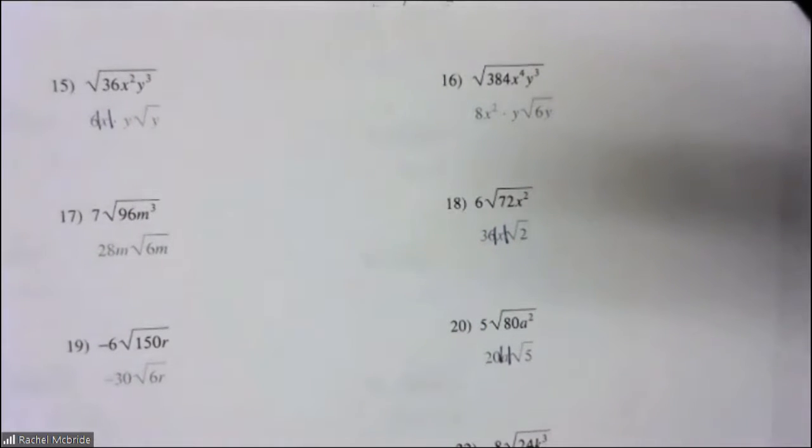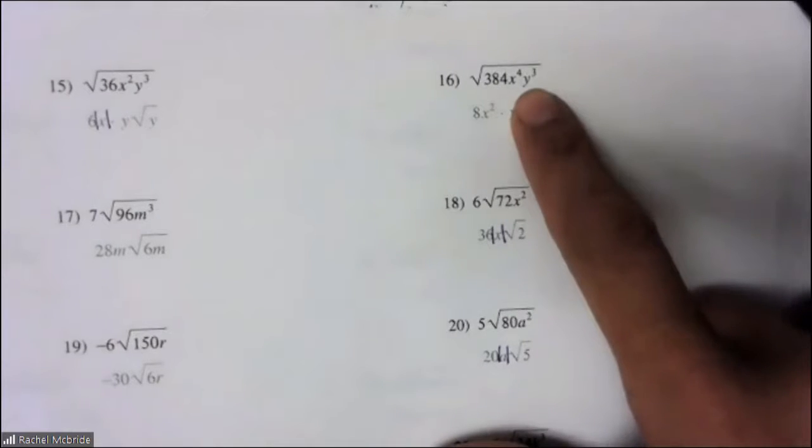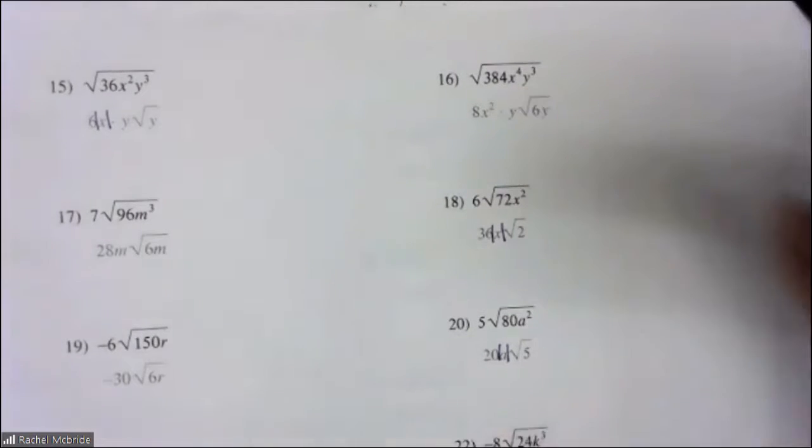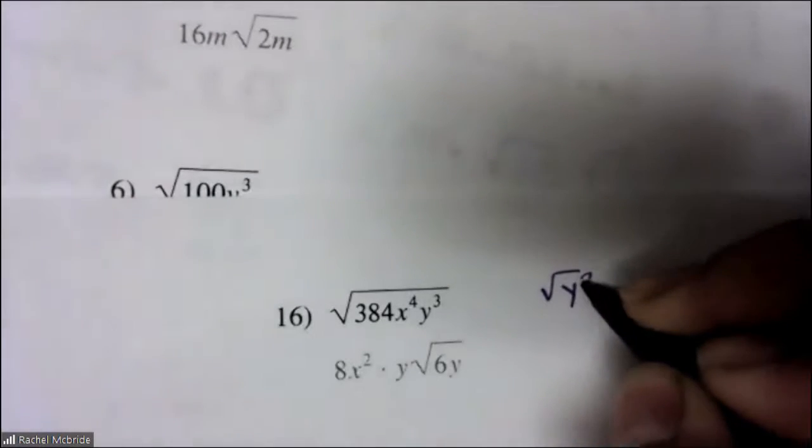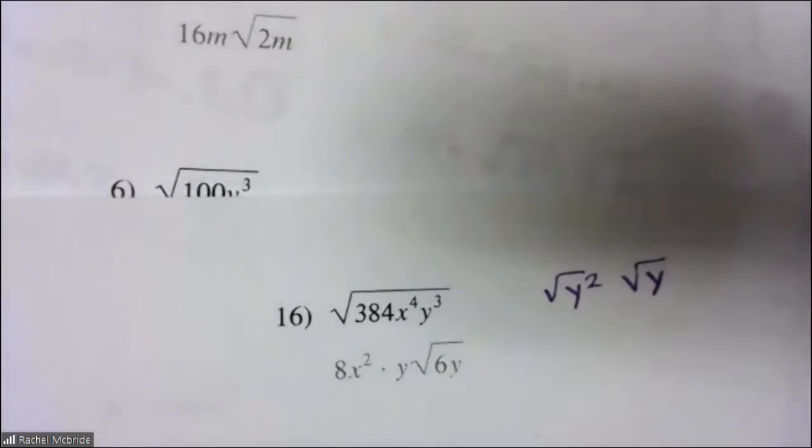There were some situations where it's just that one from the square to one. If it starts as a cube, I think maybe that's what you're referencing. So like in 16, y cubed would go to y squared and y.